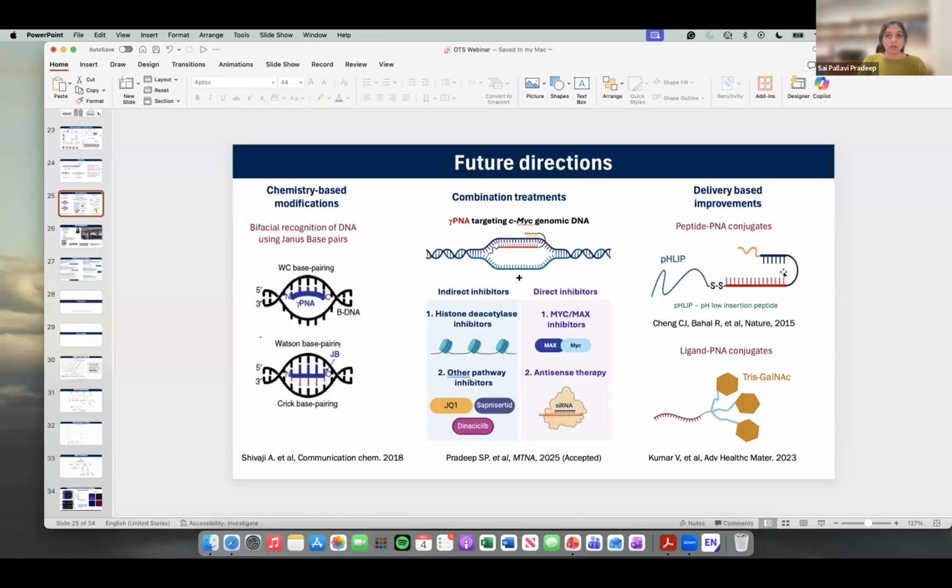Apart from that, you could also try conjugating it to a small molecule, which would help in transporting it to the nucleus. So I think there are other ways that could be done, but over here we are sure that the NLS sequence that we are using interacts with importin alpha, and we have translocation of the construct into the nucleus. So it's a very well-known transport mechanism. So it was the best bet.